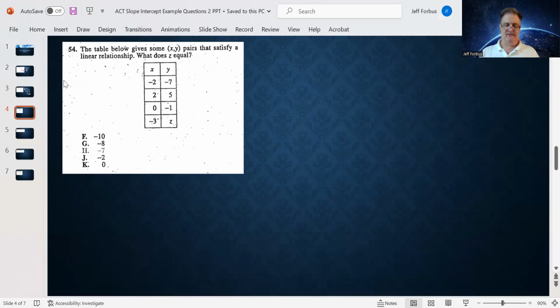Okay, so on this one, they give us a table. And they say, what does z equal? We're looking for z that's paired with -3. So what we can do is find the slope of the line and use the slope to find the coordinate pair -3, z. So we're going to find the slope. And you know, slope is y2 minus y1 over x2 minus x1.